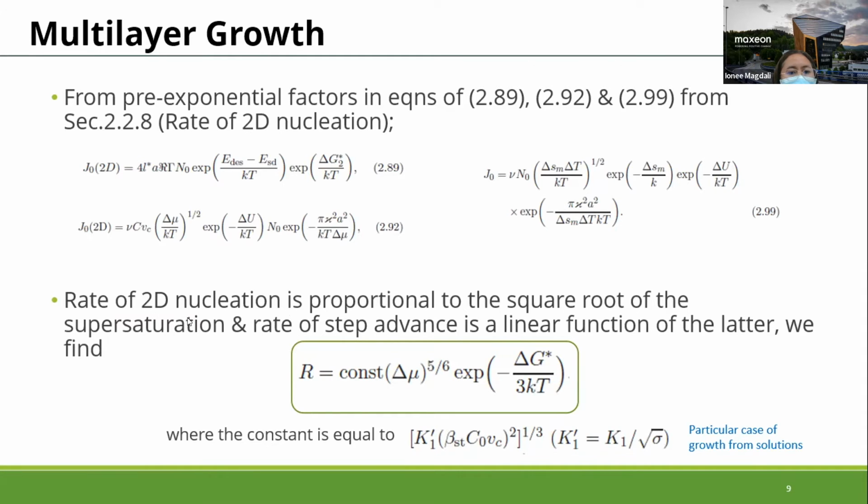The rate of 2D nucleation is proportional to the square root of the supersaturation, and the rate of step advance is a linear function of the latter. So we can find that R is equal to this constant multiplied by delta mu raised to the 5/6 exponent, negative delta G over 3kT. This constant here is equal to this equation, and it is particularly applicable for the case of growth from solutions.